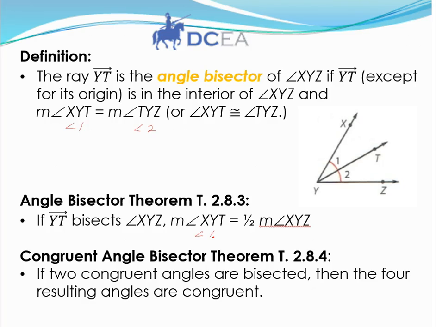The congruent angle bisector theorem: if two congruent angles are bisected, then the four resulting angles are congruent. So if we had another identical angle, and it was also bisected, then the two angles that you would have in that drawing would be congruent to the two original angles.